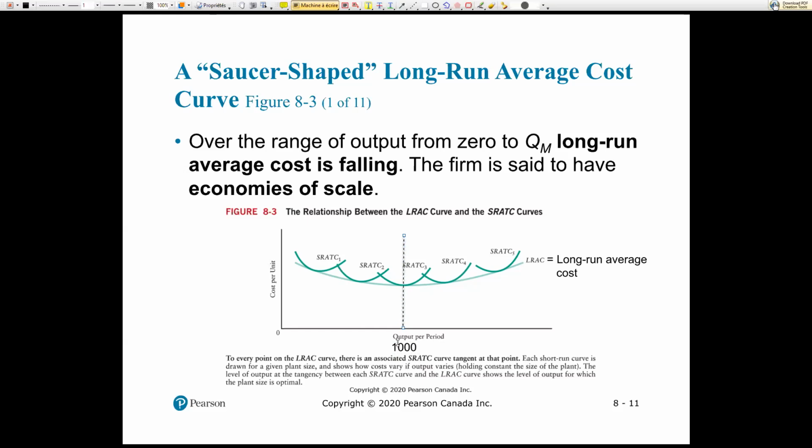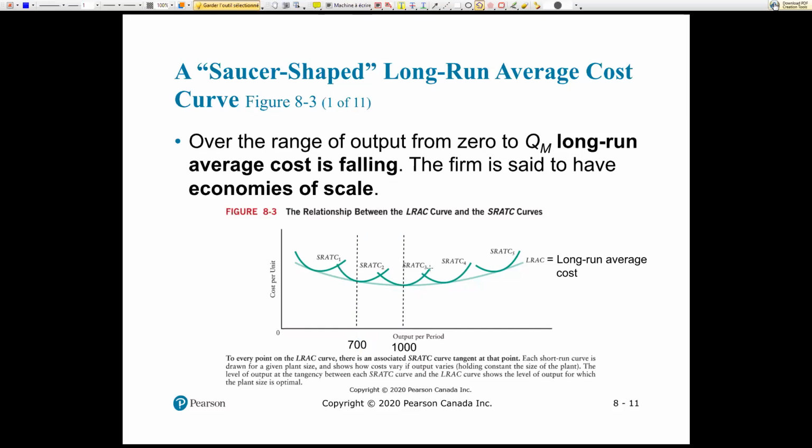So I would like to not produce 1,000, but only 700, for instance. So I would like to produce here. Would I be able to make a lot of savings in the short run? No, because I'm stuck with a big restaurant that was meant to produce 1,000 hamburgers.